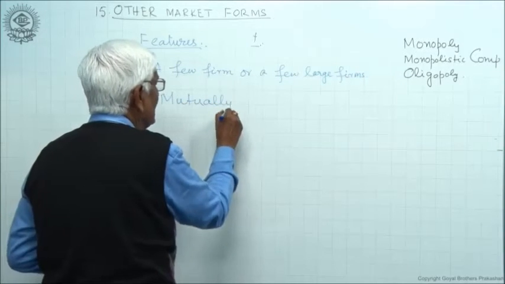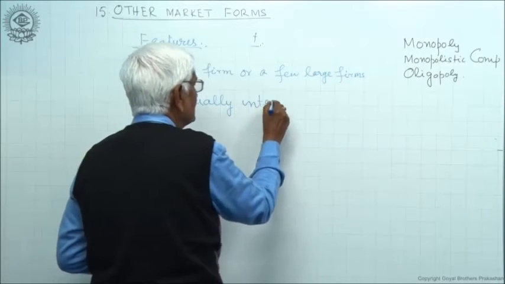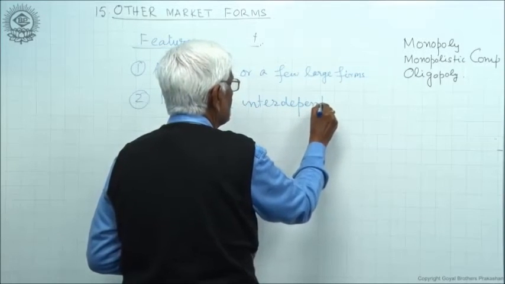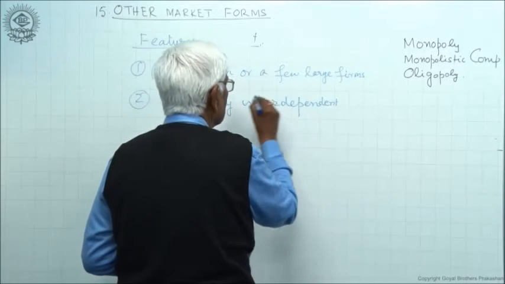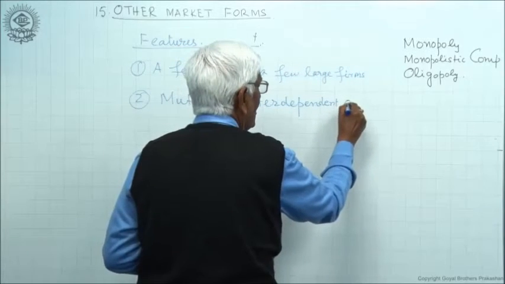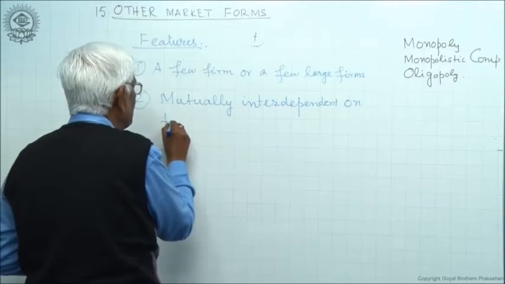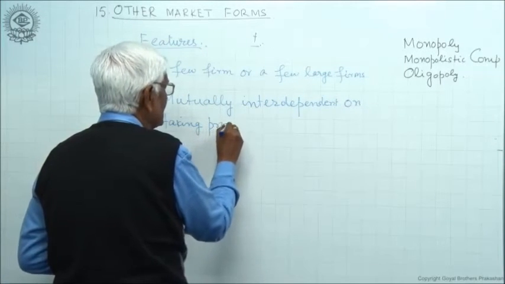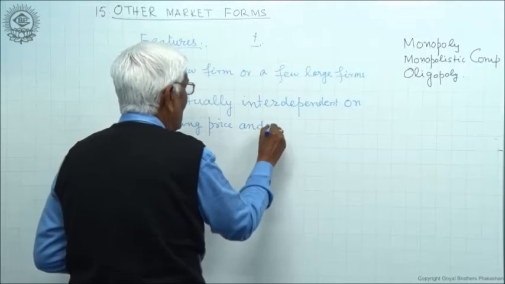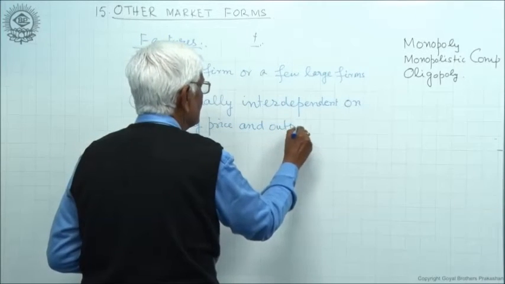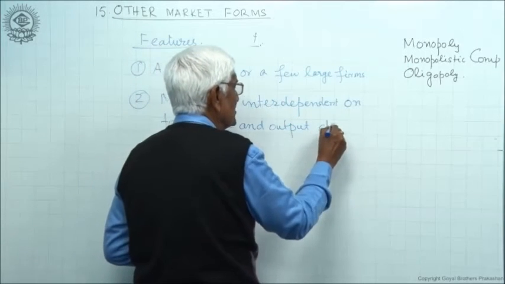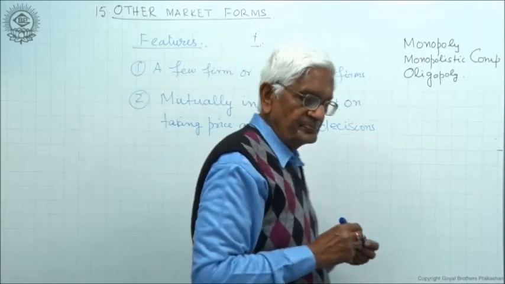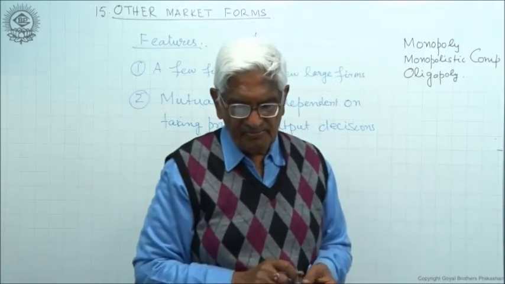Mutually interdependent on taking price and output decisions. क्या मतलब है इसका? What does it mean?